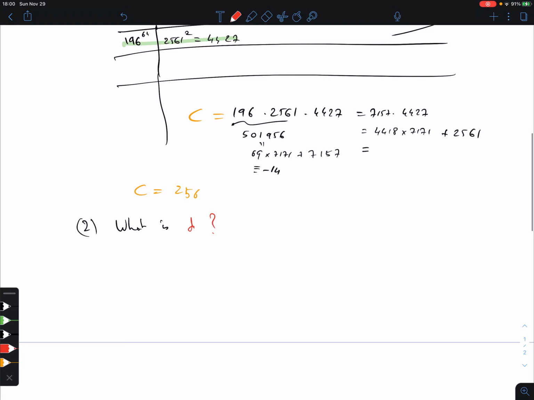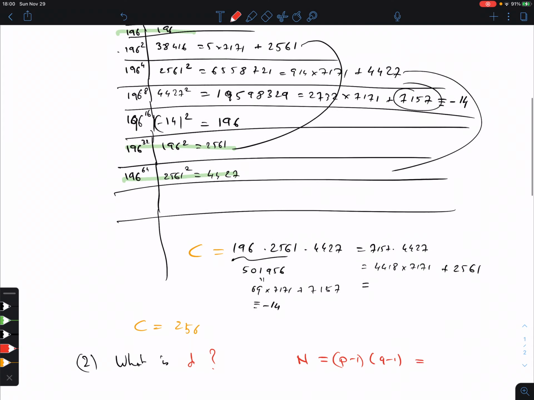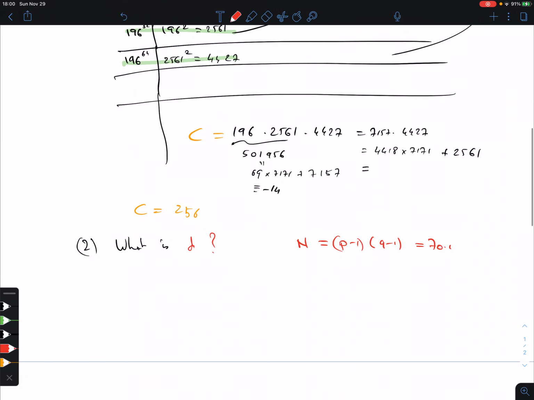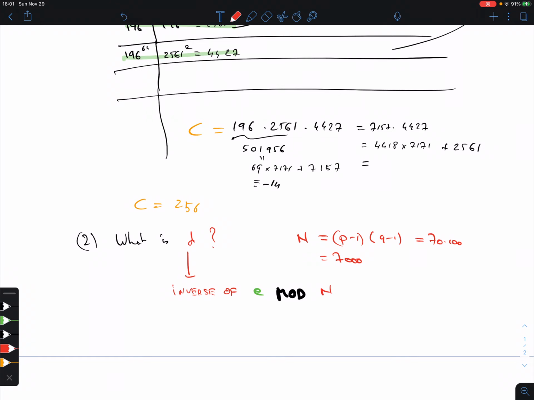Okay, so for that we need to also work with this secret number, which is P minus 1 times Q minus 1. So in our case, that is 70 times 100. So in other words, that is 7,000. And so we know that D is going to be the inverse of E mod that capital N, right?